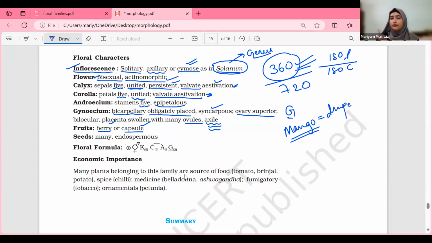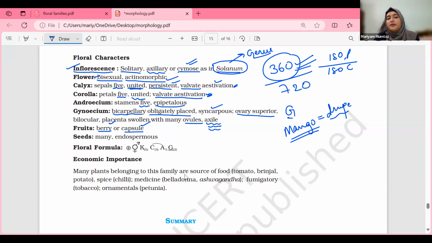Now, if you want me to make you understand the types of fruits in depth, tell me. Remember drupe is also coconut, right? So drupe is a type of fruit. And berry and capsule are also types.